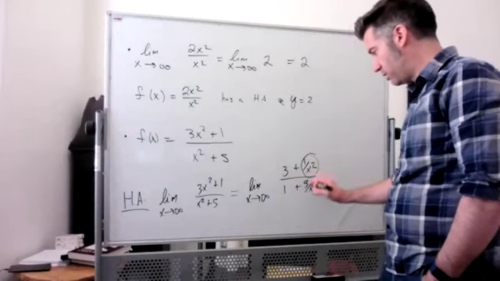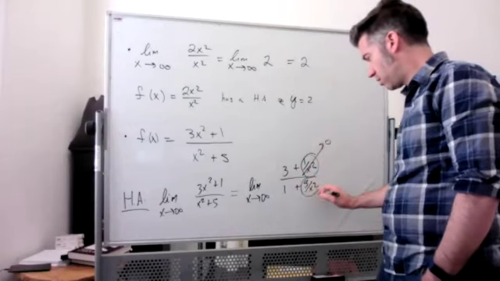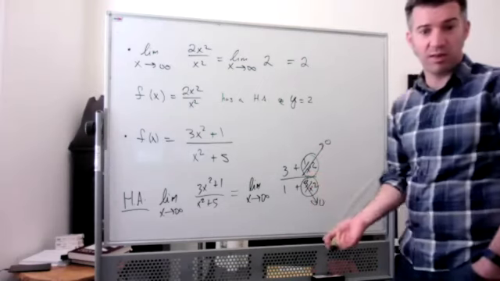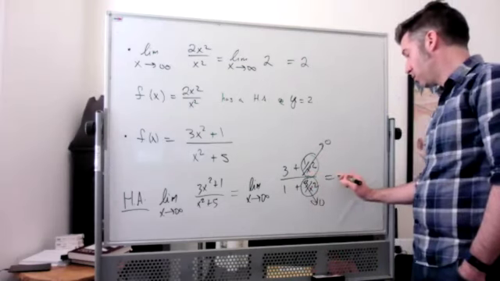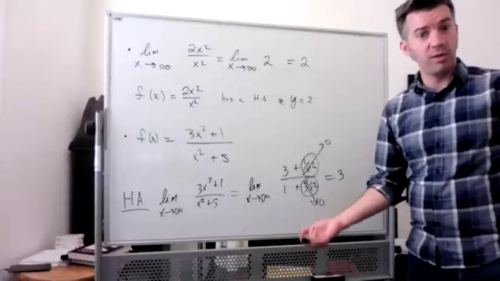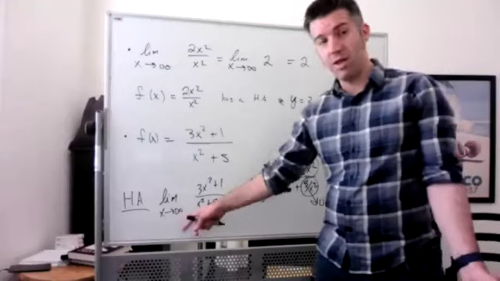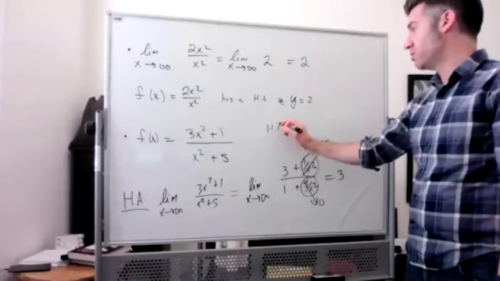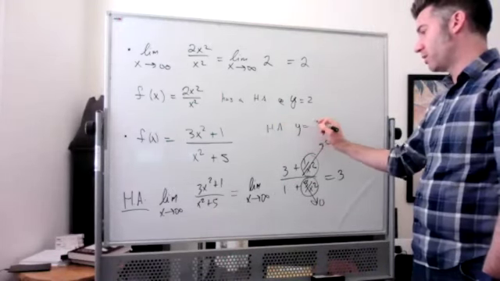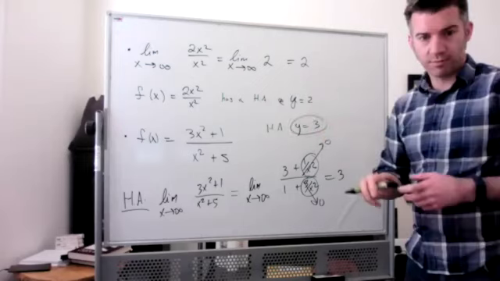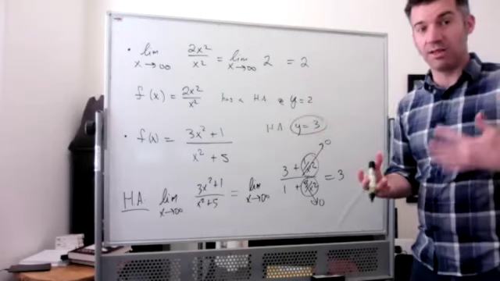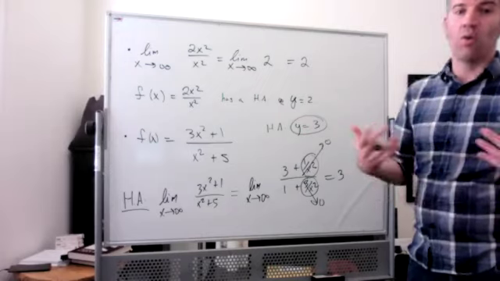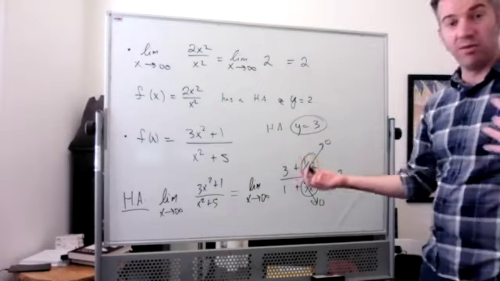And then these parts go to 0. So you get 3 plus 0 over 1 plus 0, which is just 3. And this would be true whether we were going to infinity or negative infinity. So our horizontal asymptote would be y equal to 3. And that's how we find horizontal asymptotes, by taking the limit as x goes to infinity or to negative infinity. In this case, it would be the same either way.